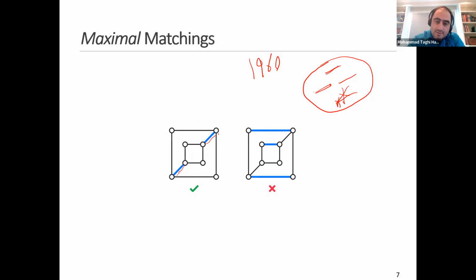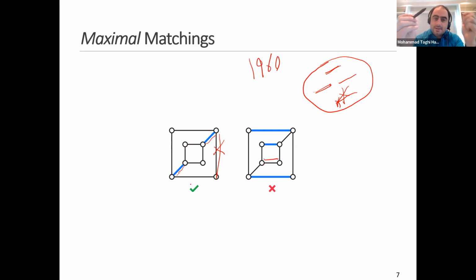If you want to add this edge, it intersects with this one, so we cannot add it. There's no edge that we can add. However, interestingly, this matching has a size of 3, because there are 3 edges there, but it is not a maximal one. Why? Because I can add this edge. So this is not a maximal matching, but this is a maximal matching.